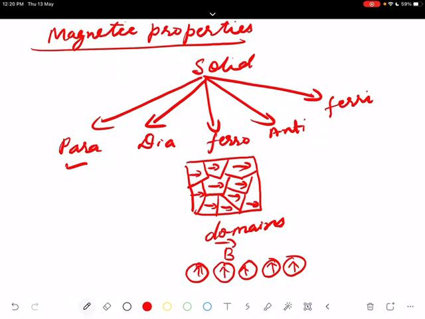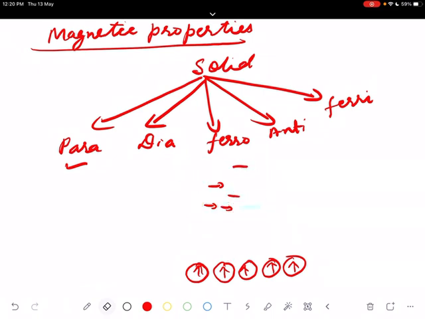Now next is antiferromagnetism. In this case, in the presence of a magnetic field, the domains are oppositely oriented like this.